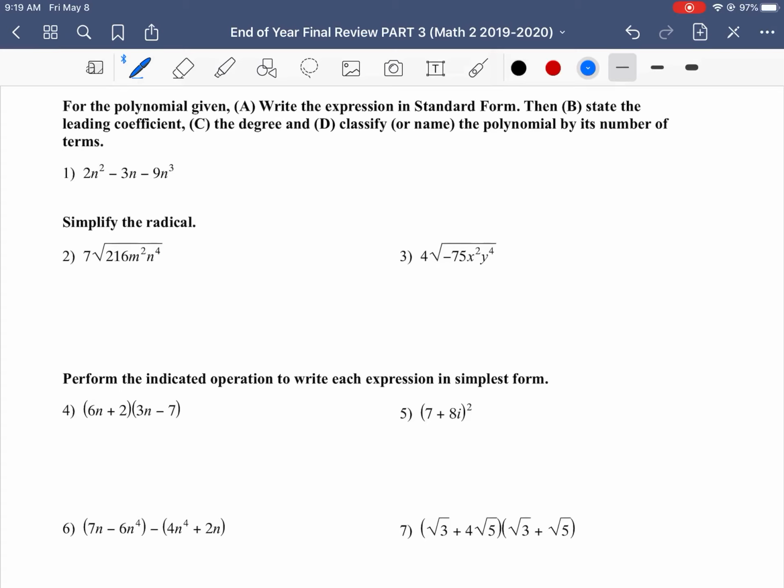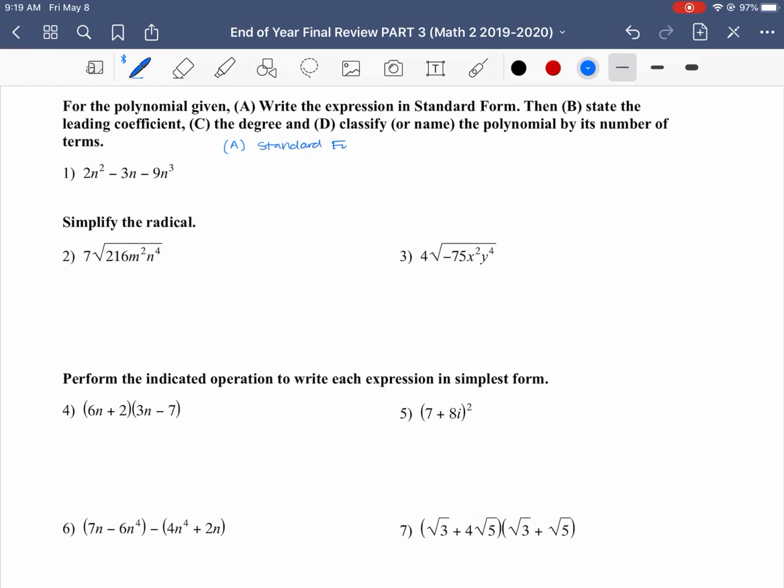Number 1 says, for the polynomial given, write the expression in standard form. Then, state the leading coefficient, the degree, and classify, or in other words, name the polynomial by its number of terms. So let's start here with standard form.